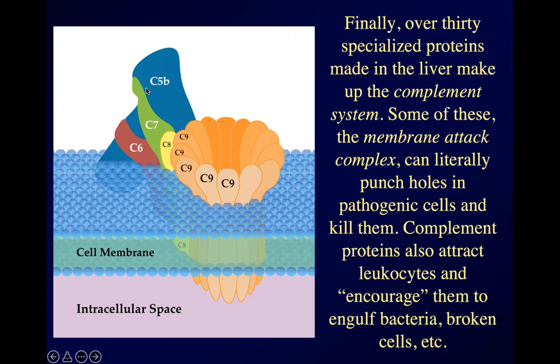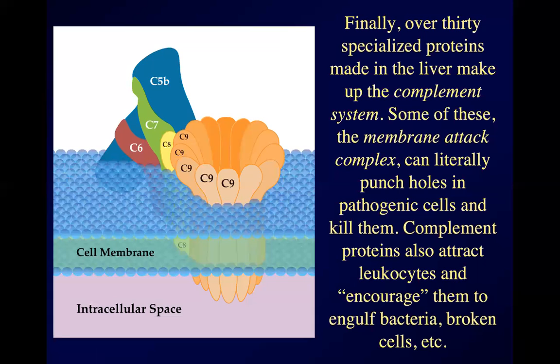And some of these complement proteins, called the membrane attack complex, can quite literally punch holes in pathogenic cells. Here you've got a diagram of proteins that are numbered C6, C5b, C7, C8, and then a bunch of C9s.